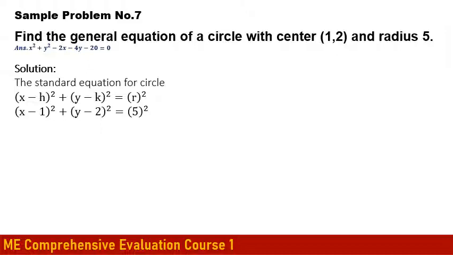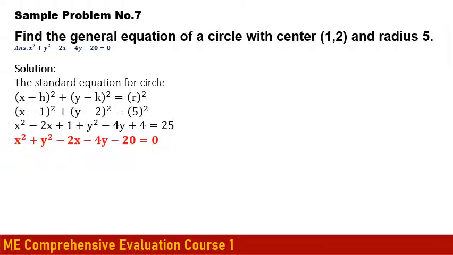If you expand this standard equation, you can get the general equation: x squared plus y squared minus 2x minus 4y minus 20 is equal to 0. By inspection, you can see here that x and y have the same sign and equal coefficients, so therefore this is a circle.